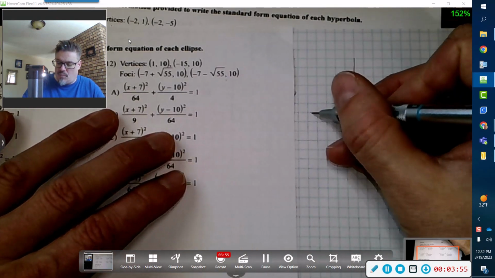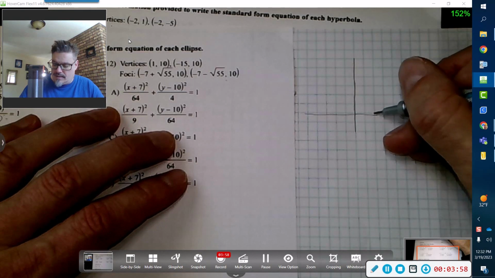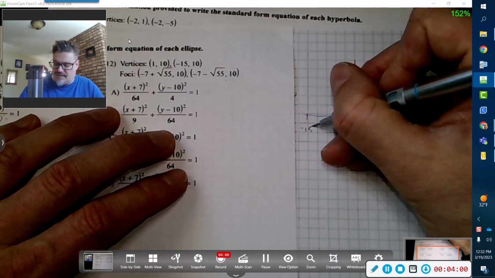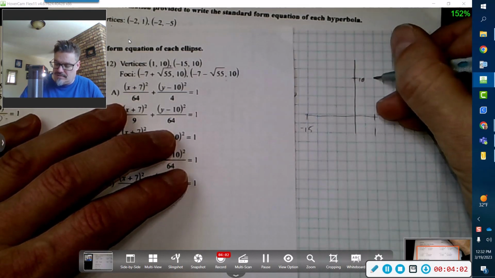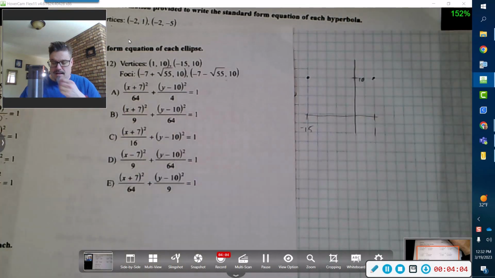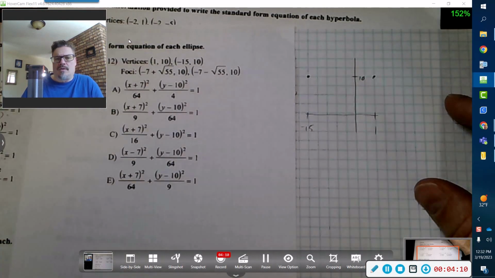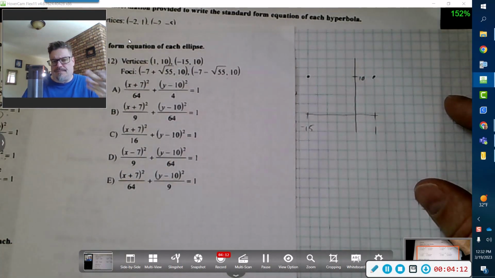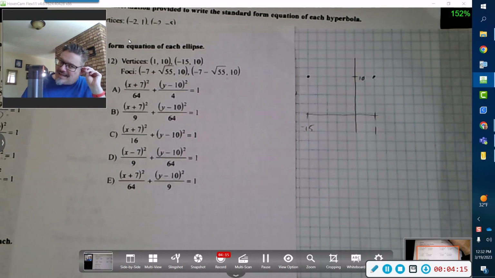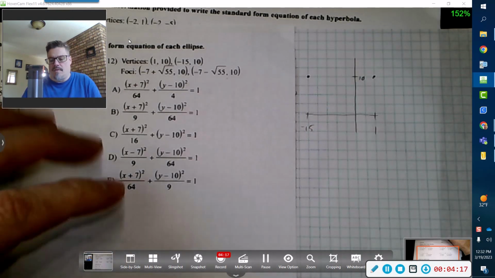So I'm way over here. Here's negative 15, and I'm all the way at 10. So here's that and that. Now maybe I can use the process of elimination here, and foci won't be too big of an issue. But I'm going to run through it as if the process of elimination can't be used, just in case you run into that barrier when you're taking your test.